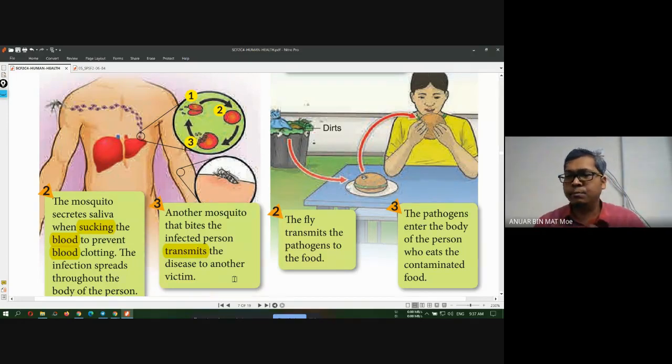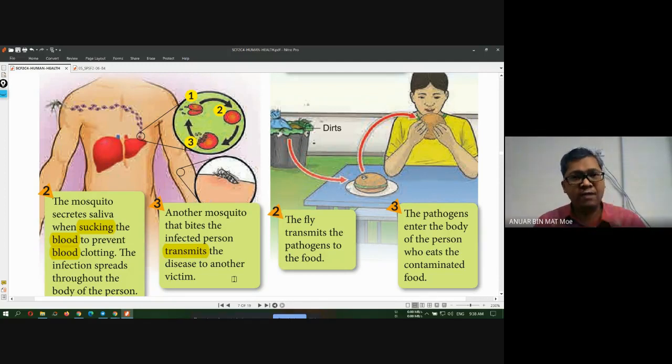So what is your responsibility? Maybe during sunset, you close your window, close your door, and then spray mosquito repellent, like Ridsect or Mortein or whatever, to get rid of the mosquitoes. And when you start to sleep, you use a net or a blanket, you cover yourself, because you want to prevent the mosquito from biting you.